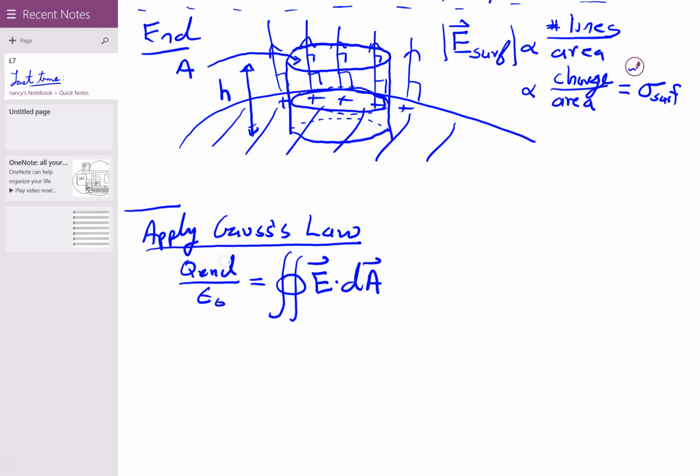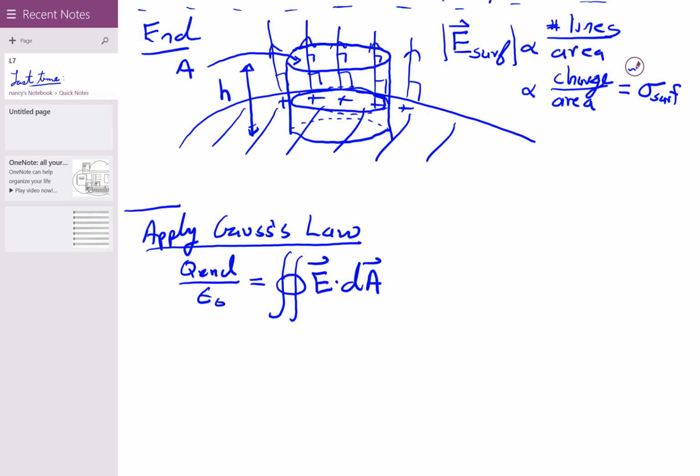In terms of the enclosed charge, there are no charges in the vacuum region above my metal, or the air region. There's no charges in the interior of the metal. That's one of our metal rules. The only charges are on the surface of the metal, and they are all concentrated in this circular cross-section of my can that has an area A, and I'm supposing I have a certain surface charge density, sigma surf.